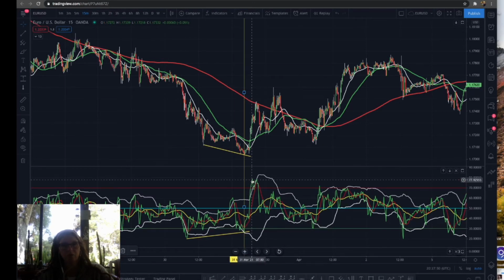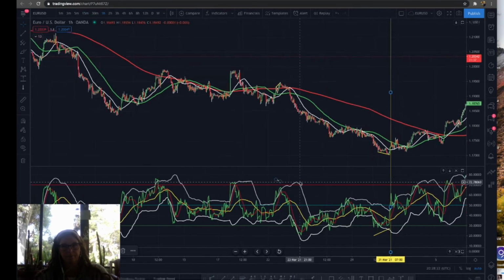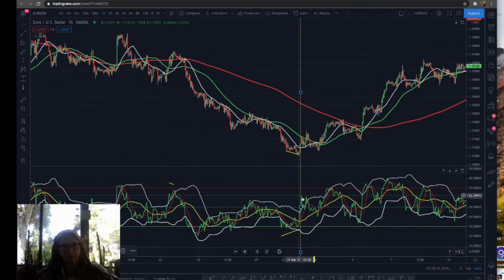On the 15-minute, we come out the top of the band. Right here. You have a choice to scalp and take your profits. At that point, you have a choice to take your profits or try and stay in the trade. And what do you do? Well, you move up in time frame. You go up to the 1-hour. The 1-hour is out of the band.